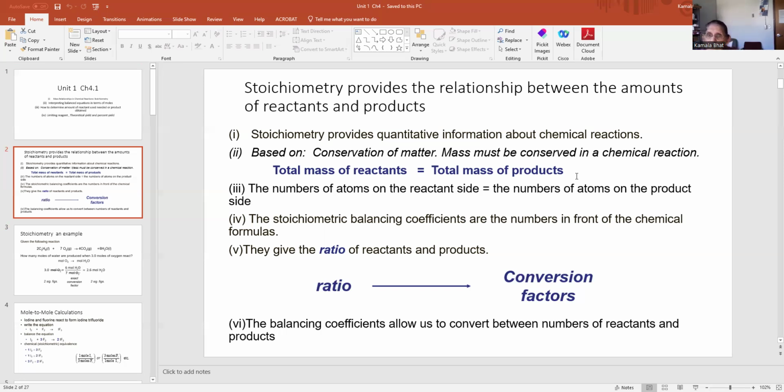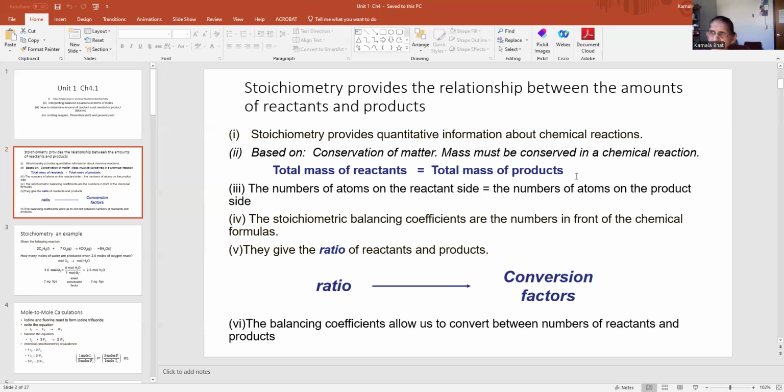The stoichiometric balancing coefficients for each of the reactant compounds or the products are the numbers in front of the formula in a balanced chemical equation.